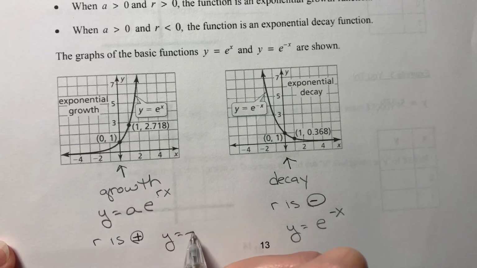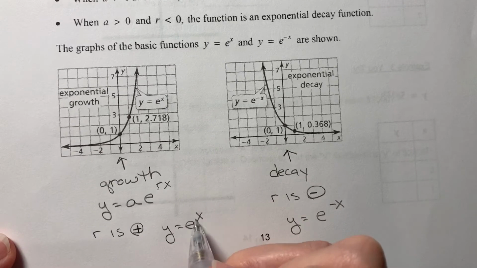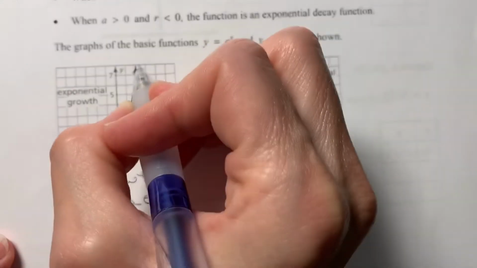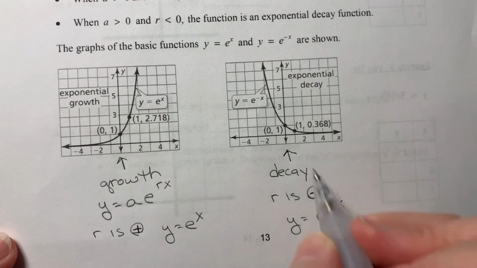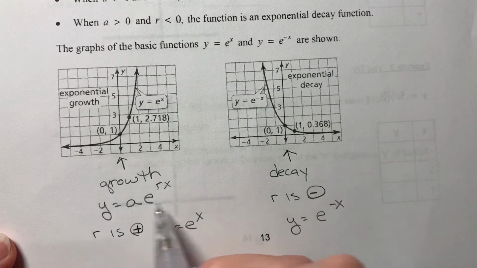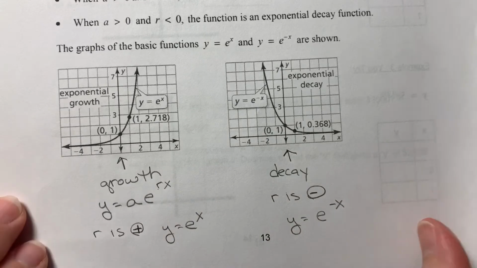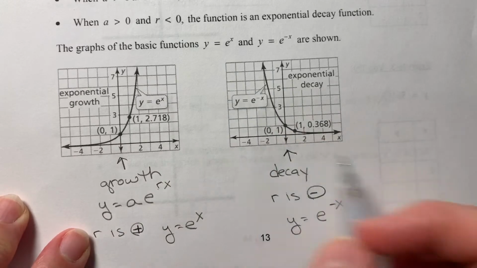This is the graph of e to the positive x. So e with a positive exponent is going to be growth. e with a negative exponent is going to be decay. So think of the r as just the number in front of the x that if it's positive, you're going to have growth, and if it's negative, you're going to have decay.